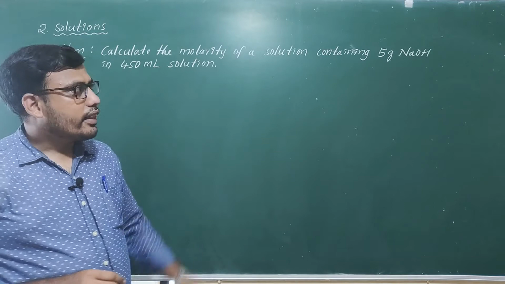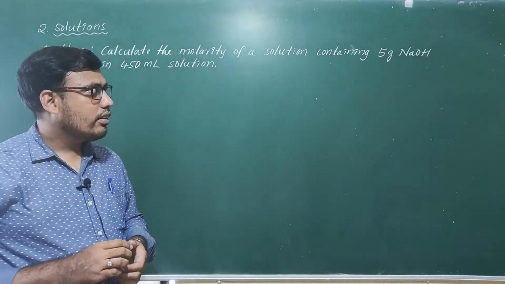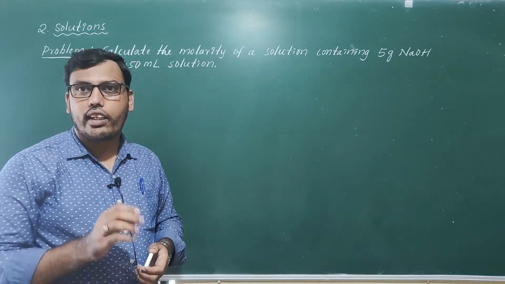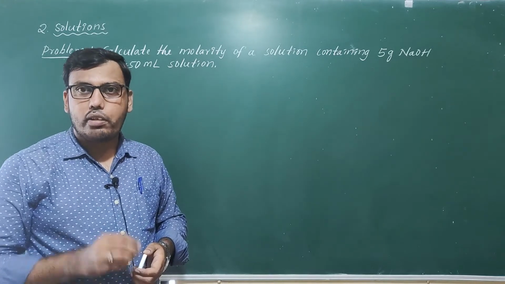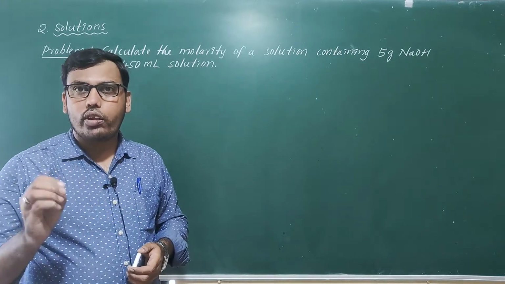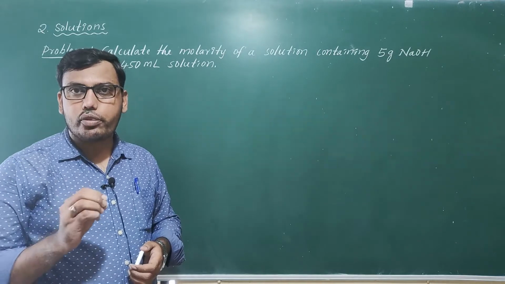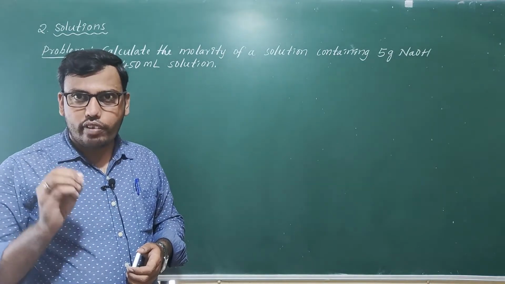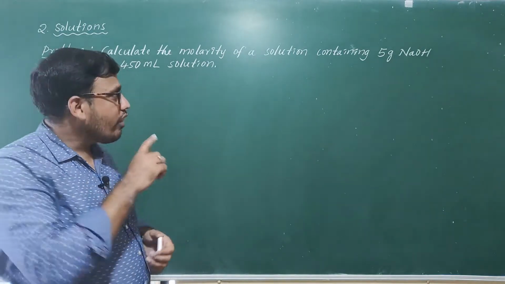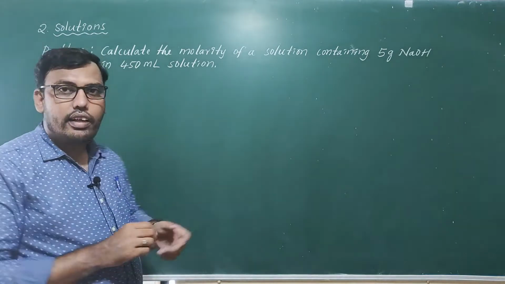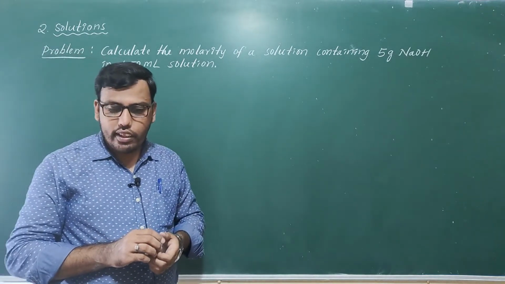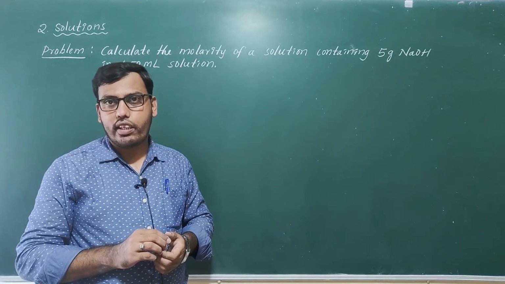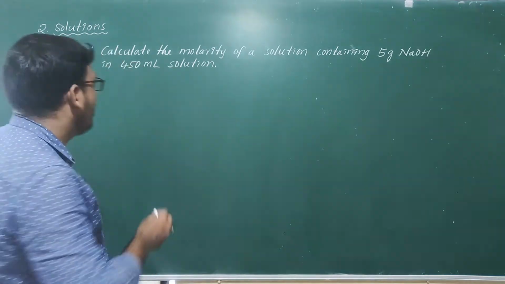Here NaOH is dissolved in water, so NaOH is the solute. Molarity is equal to number of moles of solute, so we need to calculate the number of moles of NaOH first. Then the volume of solution is given in ml, which we need to convert to liters. So, a very simple solution.